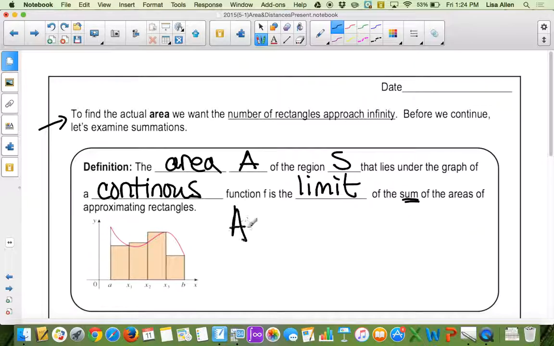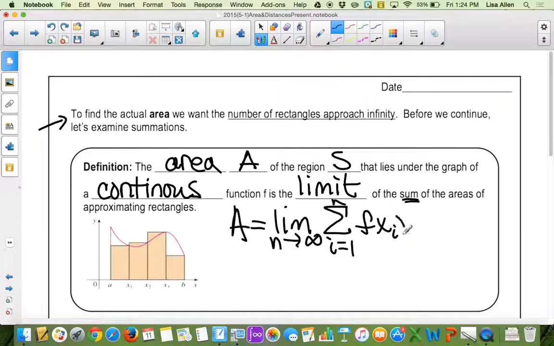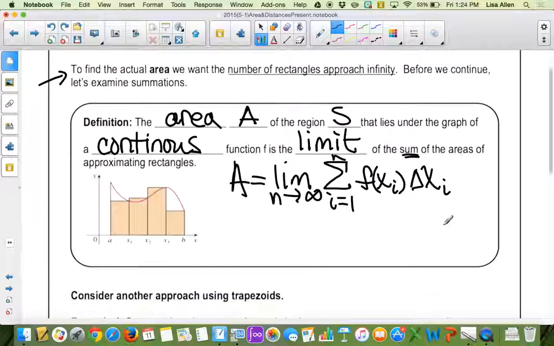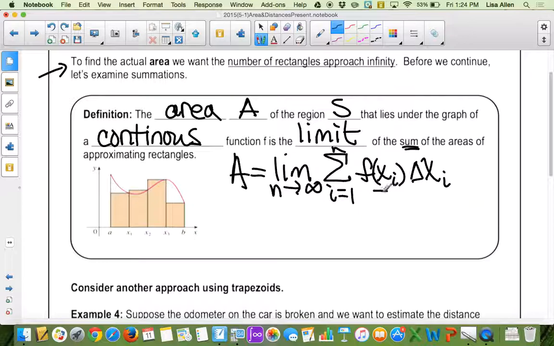So area under the curve is equal to the limit as n approaches infinity of the summation from i equals 1 to n of f of x sub i. Remember i is your counter, so that would be the first x value I would use, times delta x sub i. So it's really just adding the multiplication of the height of the function times the base.